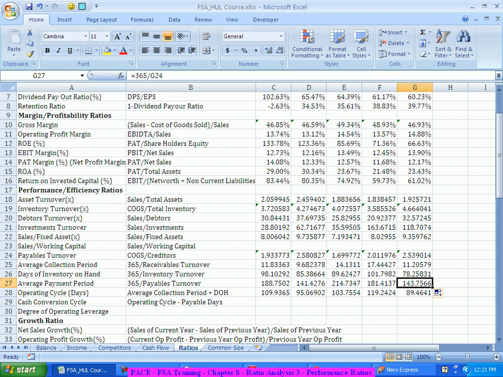Otherwise, you will invest it and then use it for the payment on the last day itself. So this talks about the performance of the company. This is more of working capital management, or short term capital management.